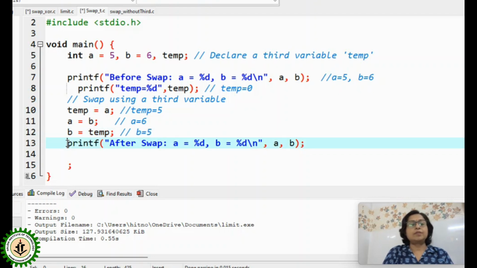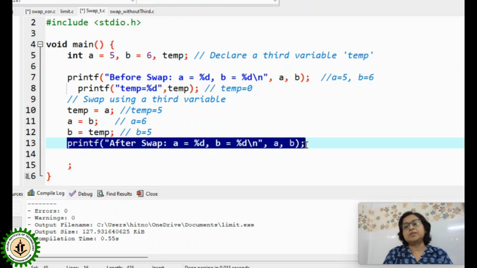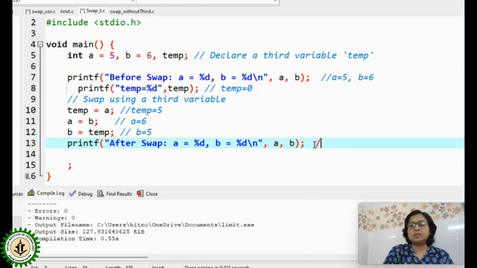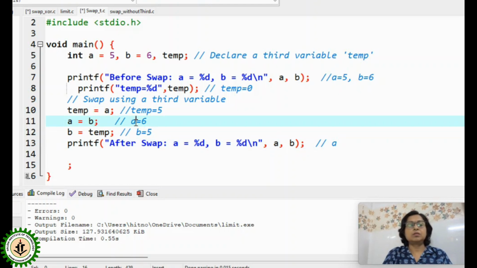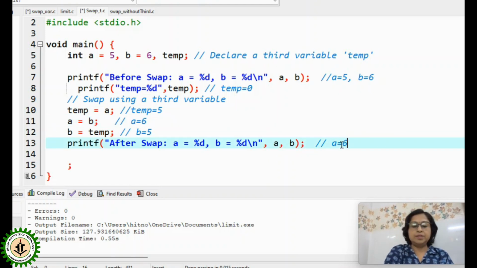After the execution of these three swapping statements, we will check the values of A and B. Definitely, A will have 6, and B will have 5.